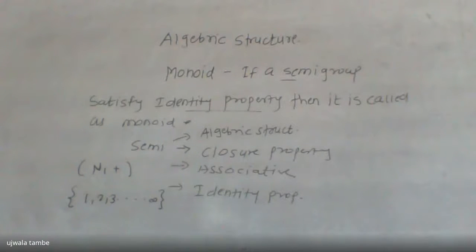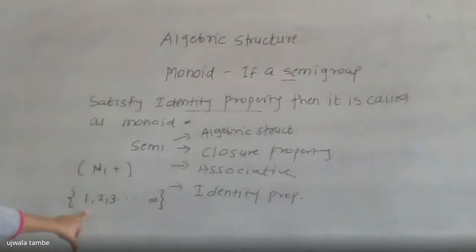No. Samina, this is the set of natural numbers. Natural numbers start from 1. 0 is not available in the set of natural numbers. That's why this is not a monoid. Okay?